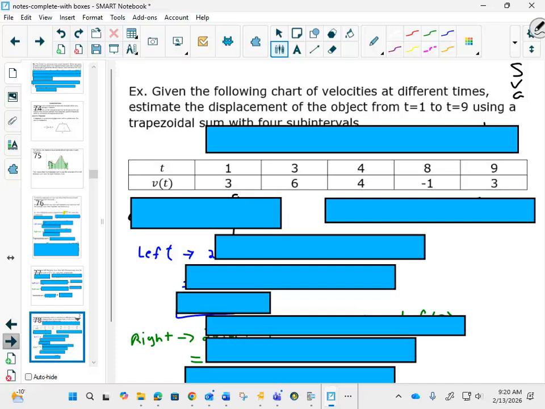And now we're seeing that integration is an accumulation of change. You can figure out area under a curve. And if that's working backwards, that's going to give us an estimate for our displacement. So with the following chart of velocities at different times, we can estimate the displacement.